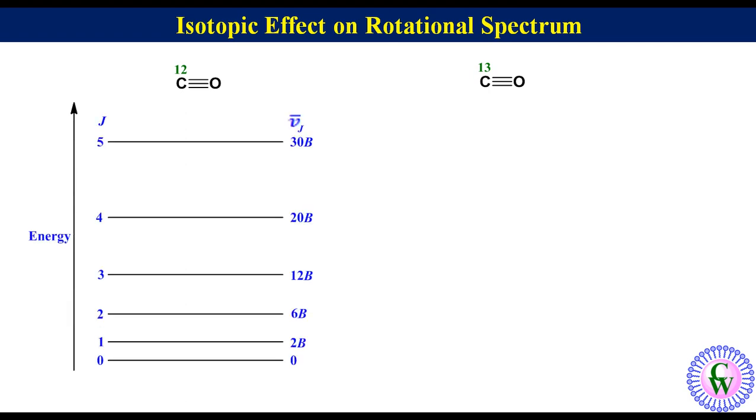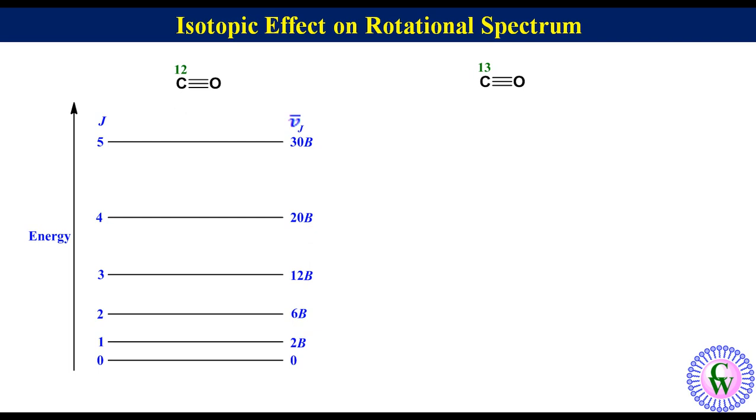We have just learned that the energy or the wave number of every level except J equal to 0 in the rigid diatomic molecule having isotope of higher atomic mass is less than that having isotope of lower atomic mass. And the energy gap between two levels is also reduced.